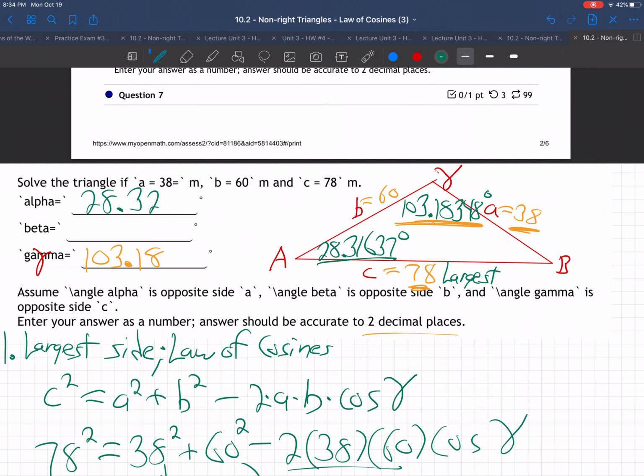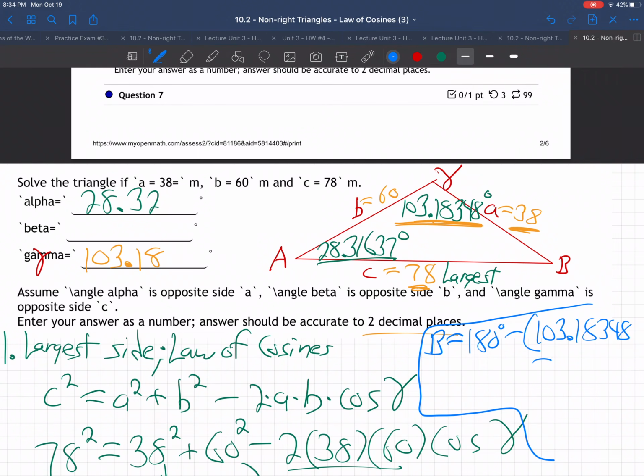Finally, to find the third angle, beta, you just subtract from 180, right? So I'll just do it right here. Capital B is going to be 180, because a triangle holds 180, minus the other two angles: 180 minus 103.18348 plus 28.31637, subtracted from 180.